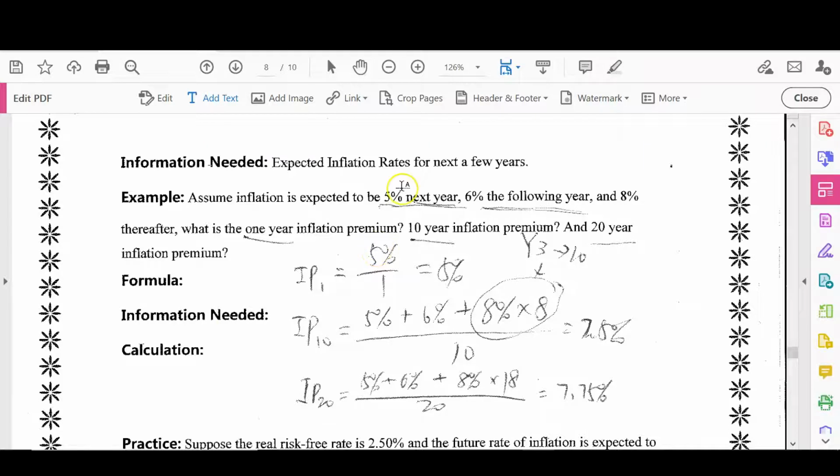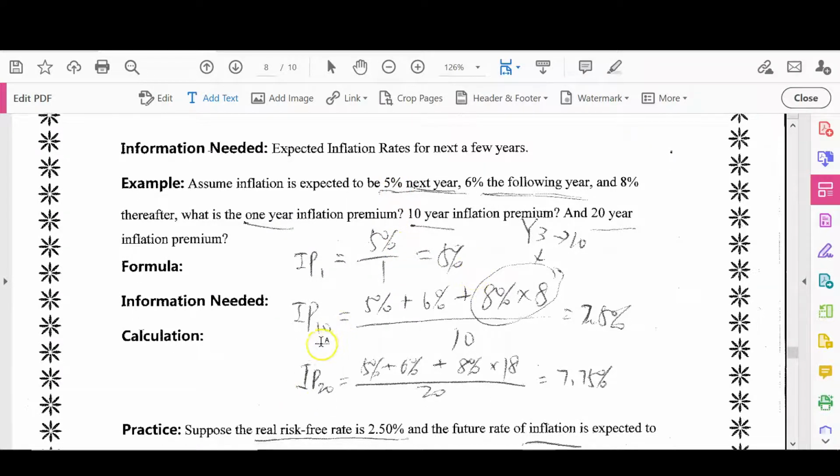In this example, the inflation rate is 5% for the first year, 6% for the second year, and 8% for the third year and all the years afterwards. So the 1-year inflation premium is just 5%, the inflation rate for the first year divided by 1.